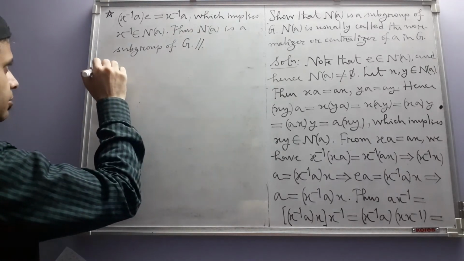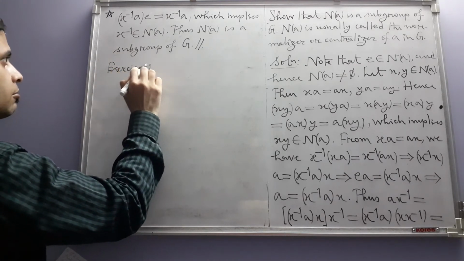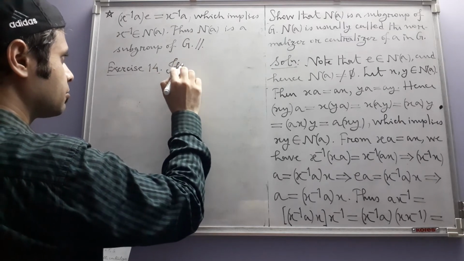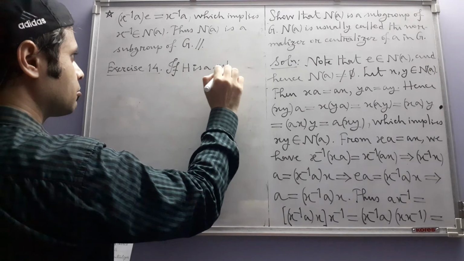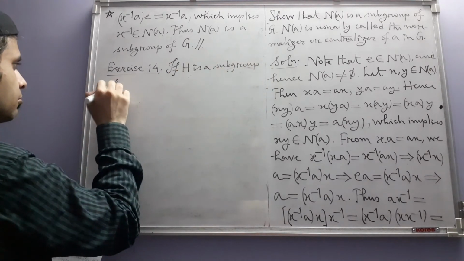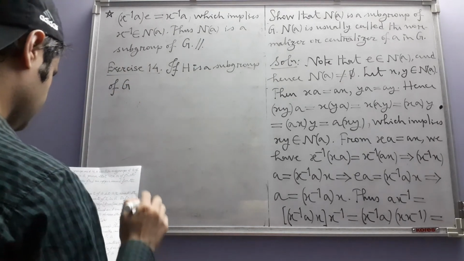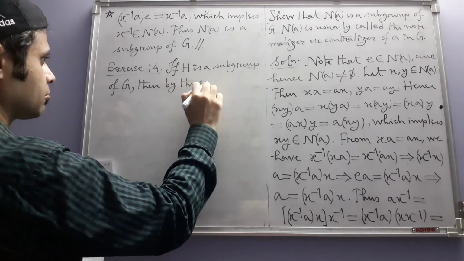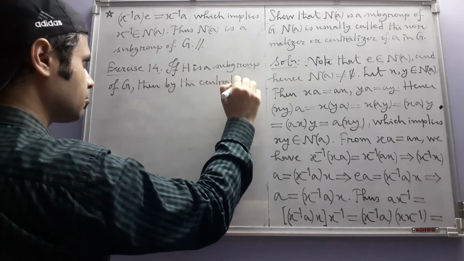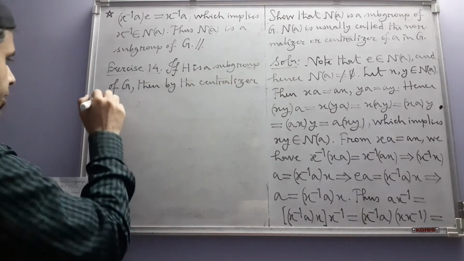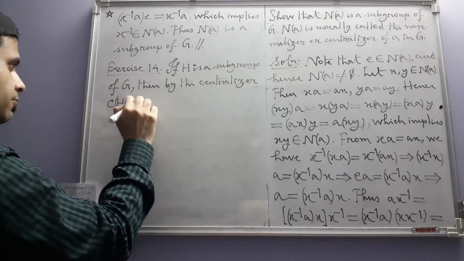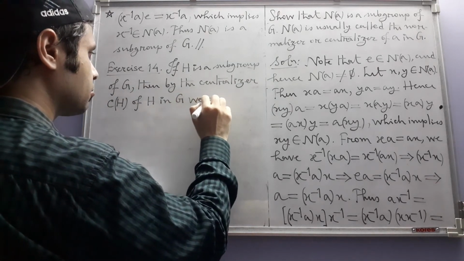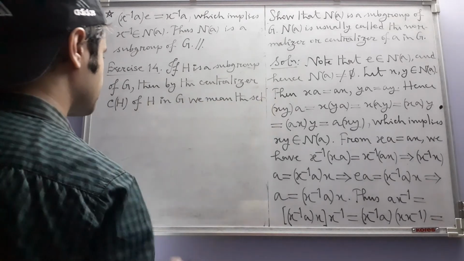Then exercise 14. If H is a subgroup of G, then by the centralizer CH of H in G, we mean the following set.